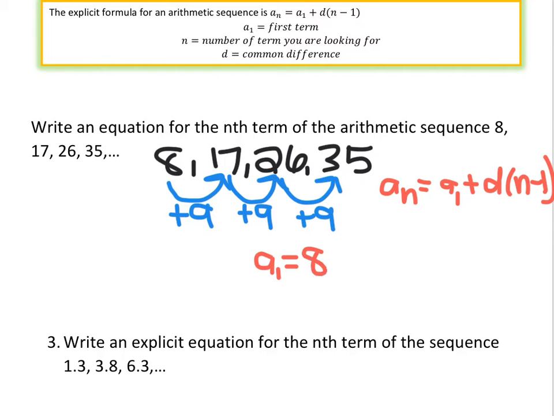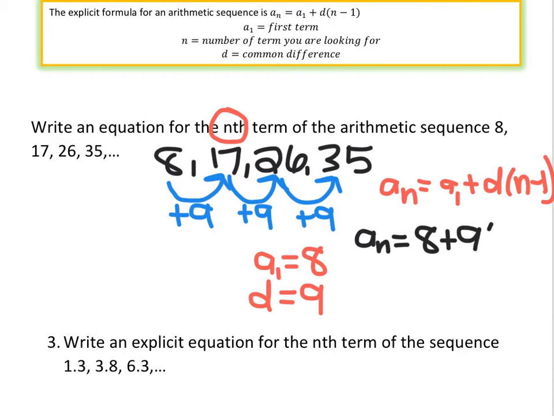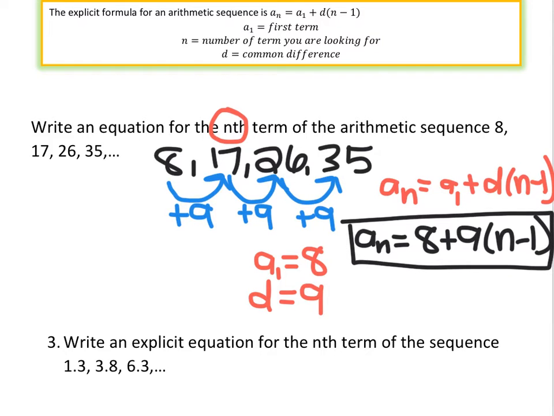What's our first term? 8. What is our common difference? 9. And we're not going to worry about the n right now because we want to know the nth term. We're not looking for a specific term. So if we plug that in, we'll have a sub n equals our first term, which is 8, plus 9 times n minus 1. This would be our answer. So if you know the formula, it's pretty simple.